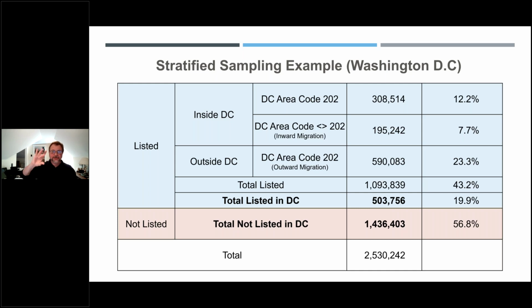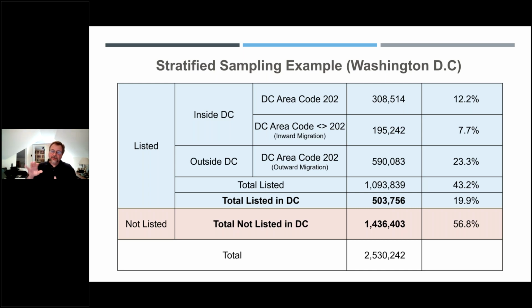Some listeds are going to be inside your target geography, and some listeds are going to be outside your geography. For Washington, D.C., within the listed component, we have 590,000 numbers. 23% of the frame are outside of Washington, D.C. So with the stratified approach, we can exclude those completely from the frame, and you no longer need to worry about sampling them.